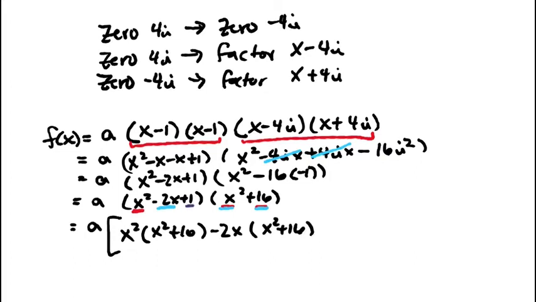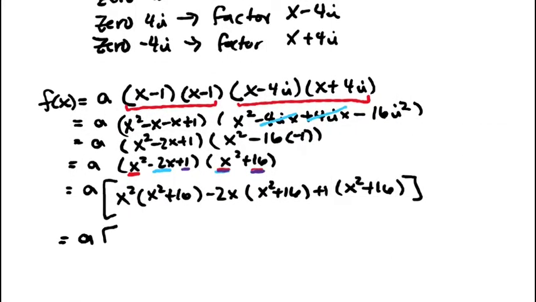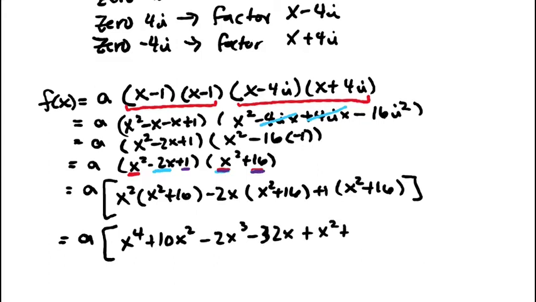And then finally I'll multiply 1 times both of these terms, that's 1 times x squared plus 16. I'll use the distributive property to get x to the 4th plus 10x squared minus 2x cubed minus 32x plus x squared plus 16.